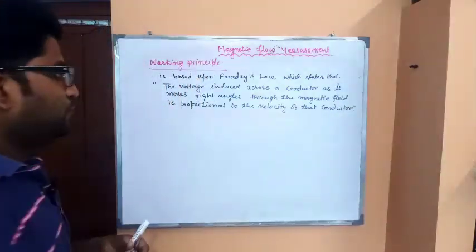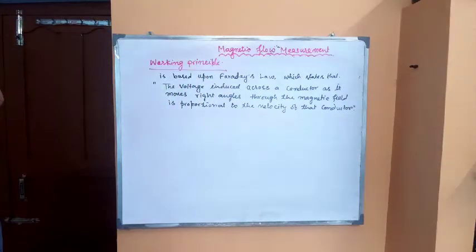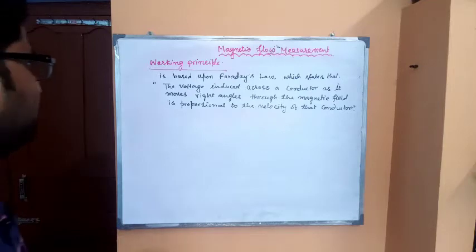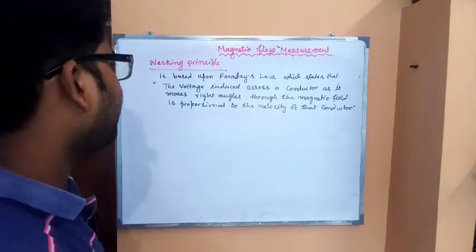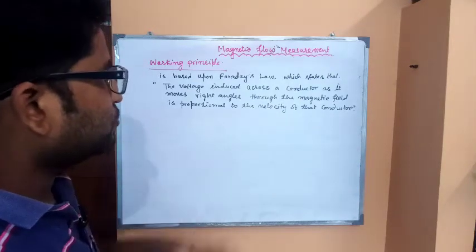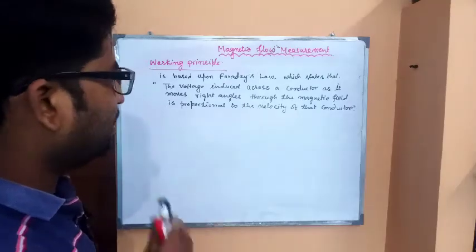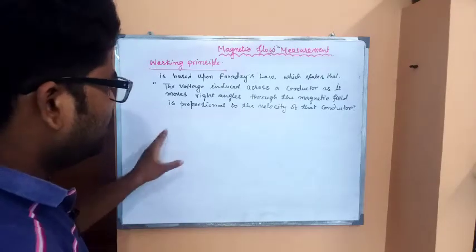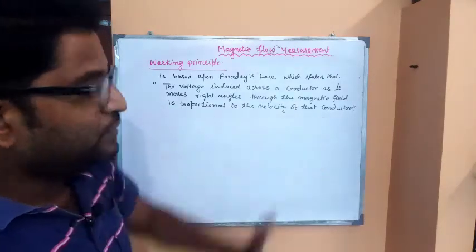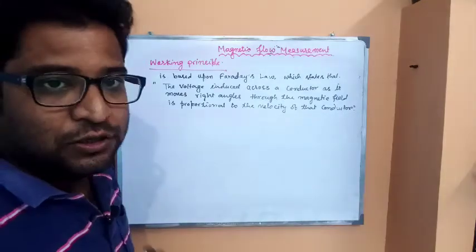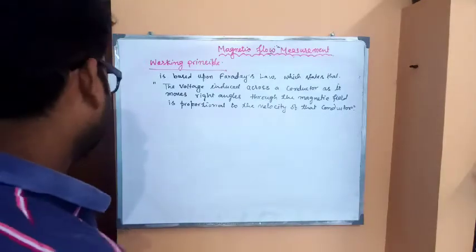So this is the statement of Faraday's law, and this is the working principle of the electromagnetic flow meter. The voltage induced across a conductor as it moves at right angles through the magnetic field is proportional to the velocity of that conductor. Here the conductor is nothing but the fluid which is flowing.